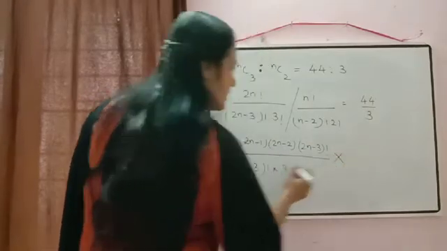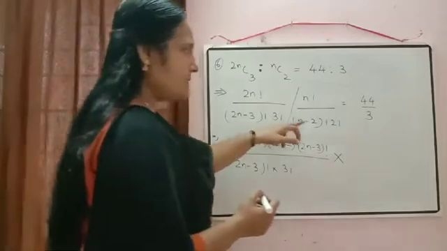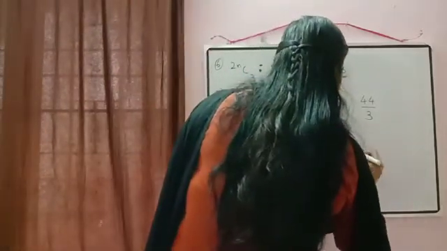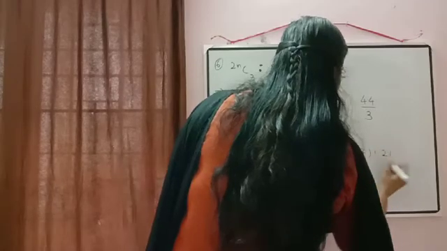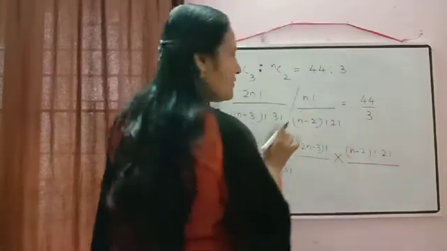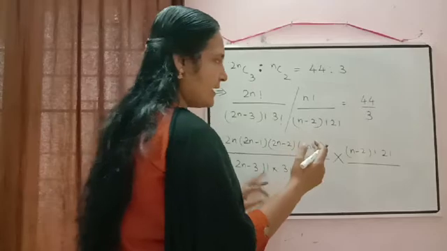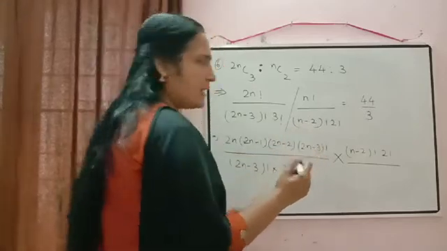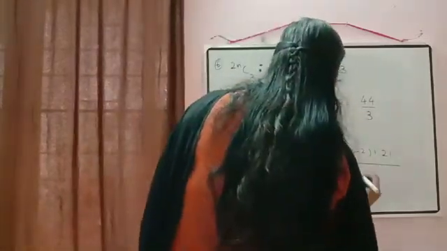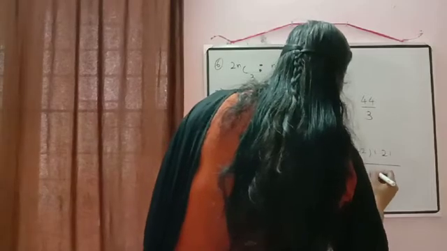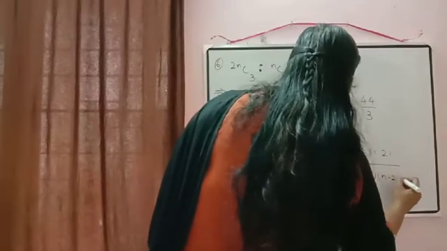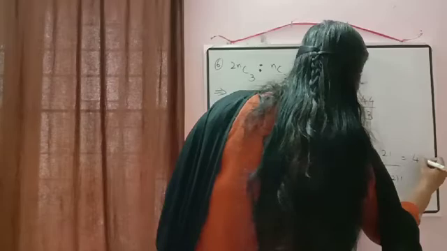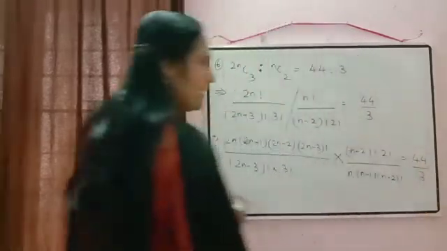Now changing the division into multiplication, this expression will go to the numerator. N minus 2 factorial into 2 factorial by n factorial, also we will keep on subtracting till we get n minus 2 factorial. So first it will be n into n minus 1 into n minus 2 factorial is equal to 44 by 3.